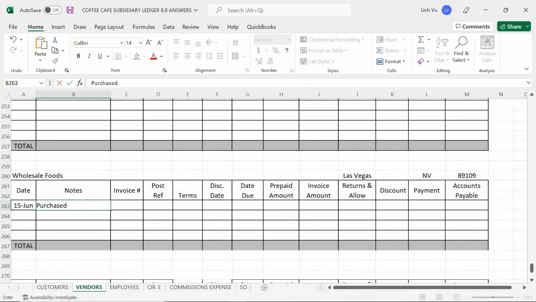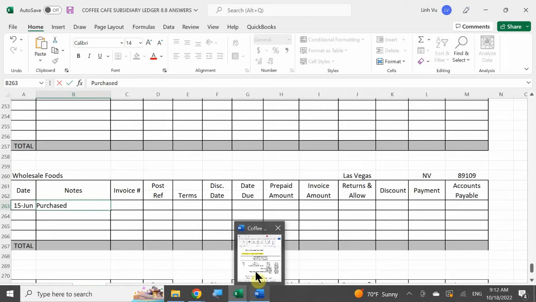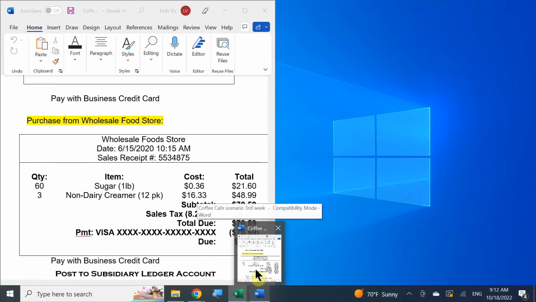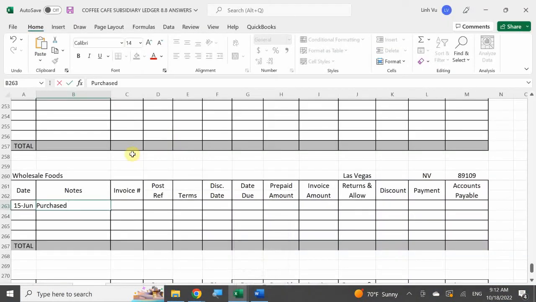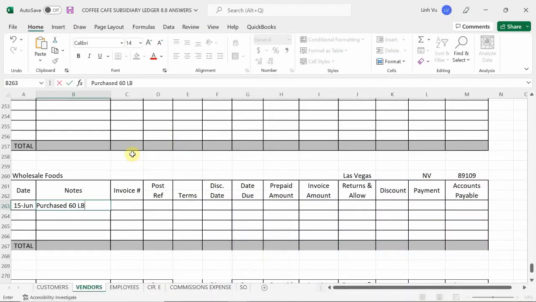How many pounds of sugar did you buy? One pound? We bought way more than one pound. Oh, 60. We bought 60 pounds of sugar.